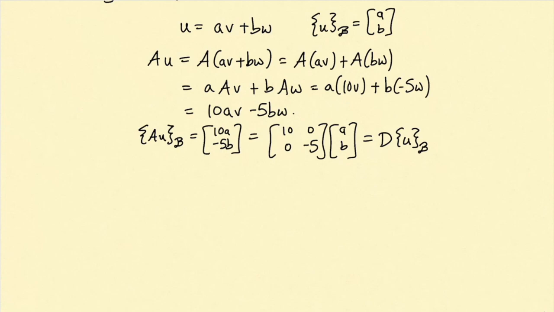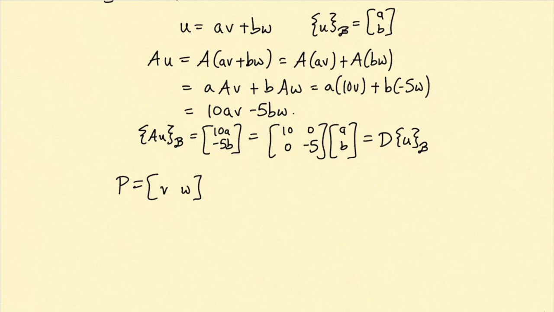And in fact, we can make this relationship a little bit more precise. We recall that we can use a matrix P whose columns are our basis vectors v and w, and P's inverse to translate between the two coordinate systems.